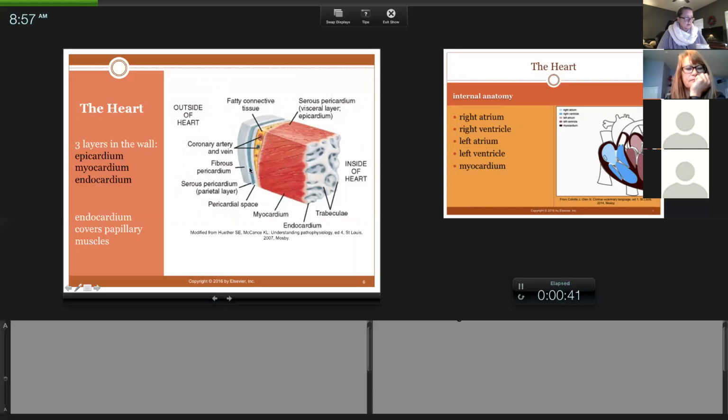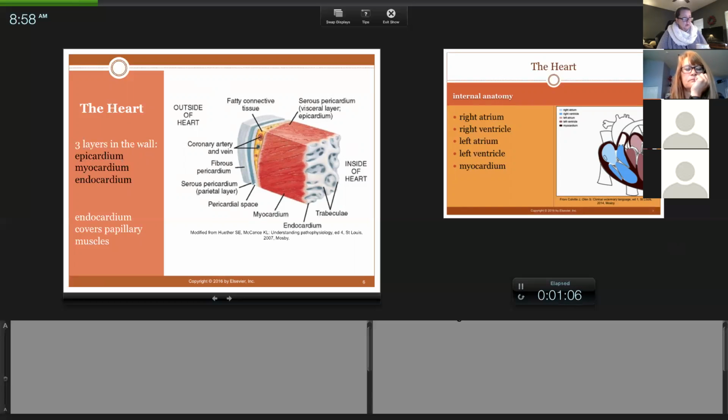It says fibrous, there's a space. So that's the serous pericardium. You've got that pericardial space. Then this whole chunk right here is the myocardium. Myo meaning muscle, cardium, heart. So you've got a layer of myocardium. On the surface of the heart, there's a little bit of fatty tissue. That's why this is yellow. And that is where you have your coronary arteries and your coronary veins.